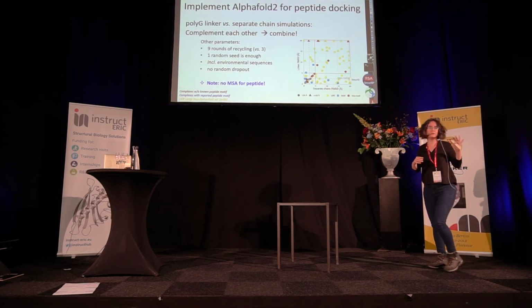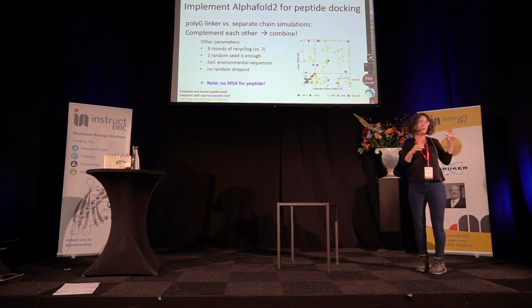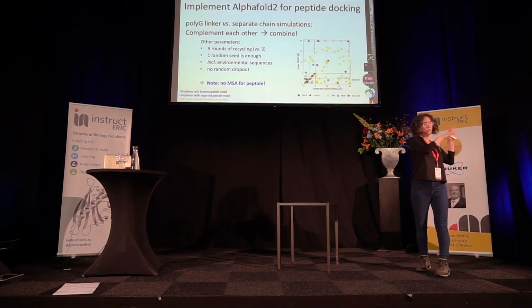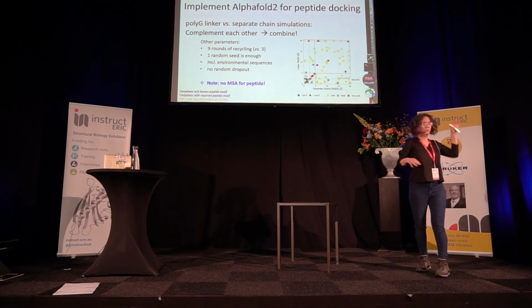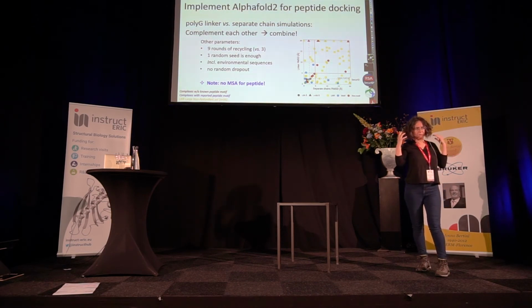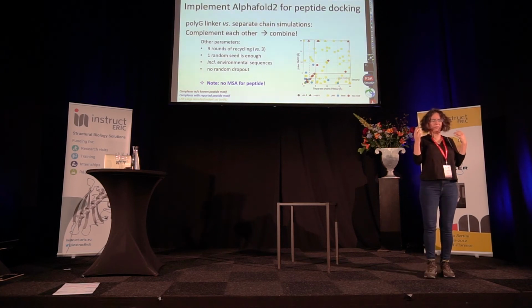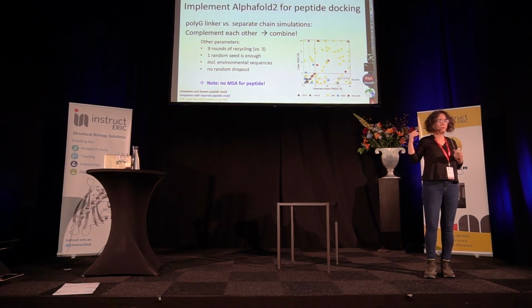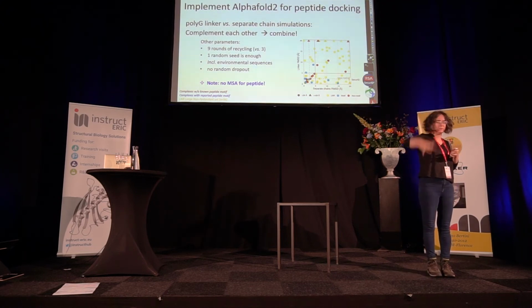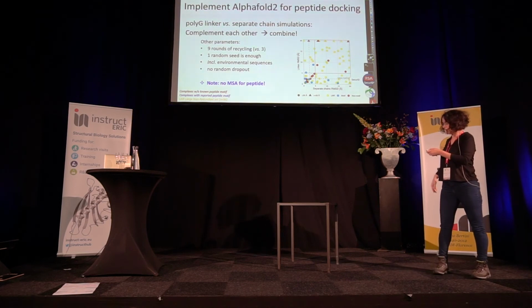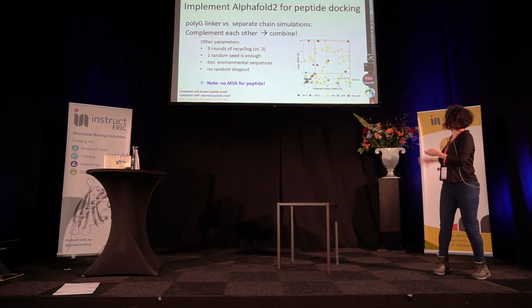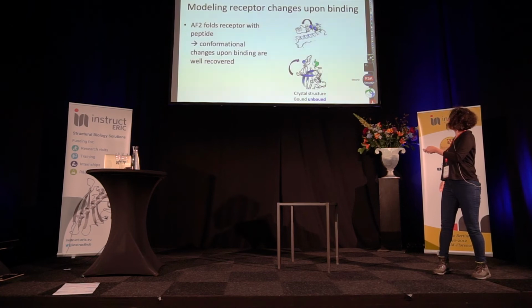What's important to note here is that this is done without any information about the multiple sequence alignment of the peptide. When we use the regular AlphaFold prediction, a multiple sequence alignment is generated, and in many cases we show that this alignment is really important for performance. In this case, we don't need it. So this is something to remember. The peptide doesn't have any multiple sequence information because it's very difficult to get significant hits. So it works, and that is actually something that allows us to learn about AlphaFold performance using our protocol.